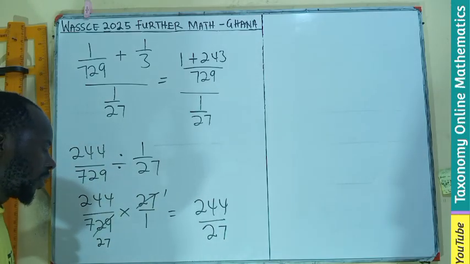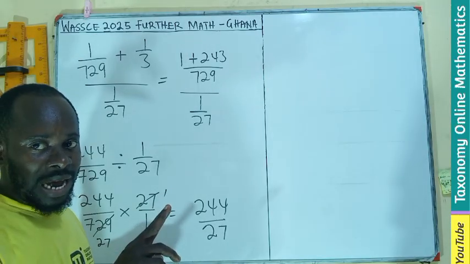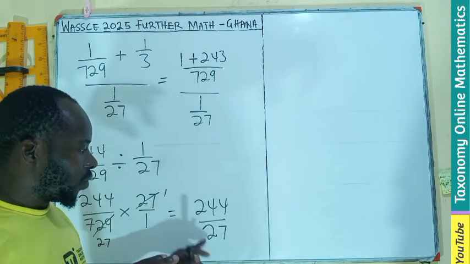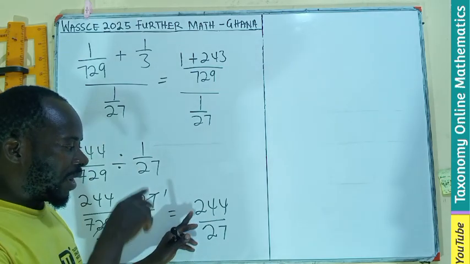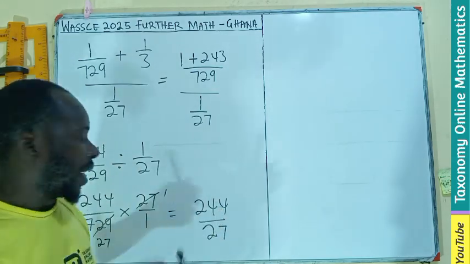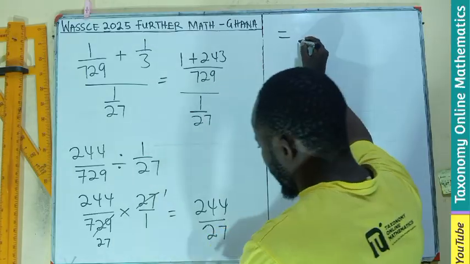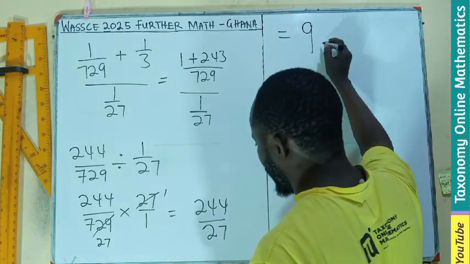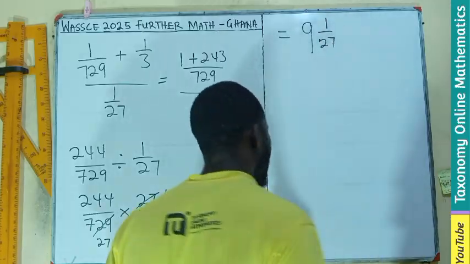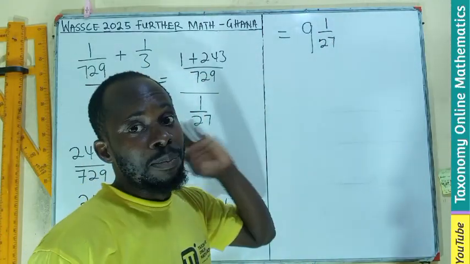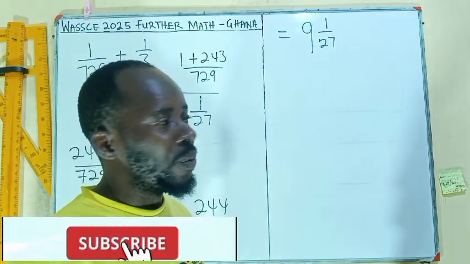And I'm sure this goes in 9 times, with a remainder of 1. So this is equal to 9 whole number with a remainder of 1 divided by 27. That becomes the simplified version of all that long exponential expression that we were given.